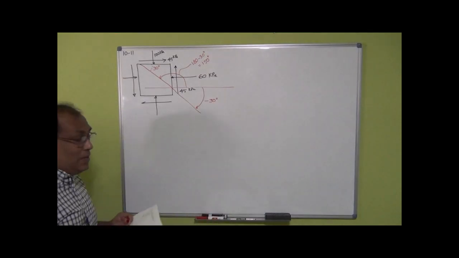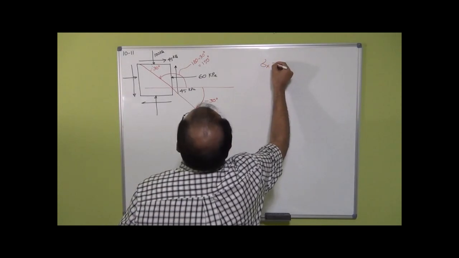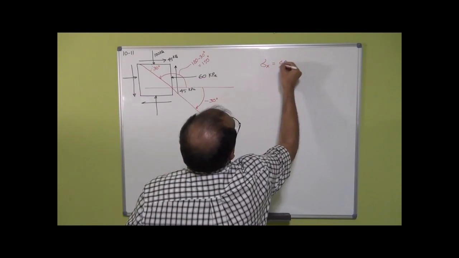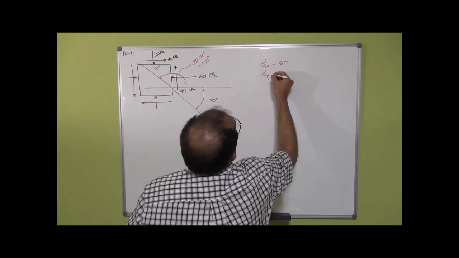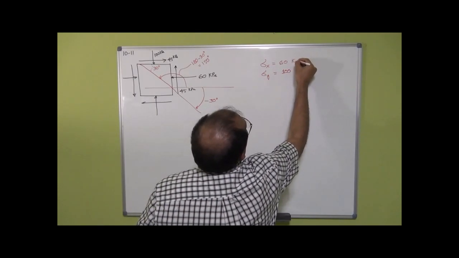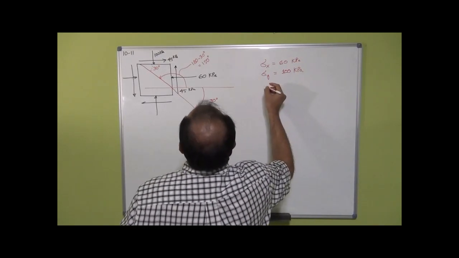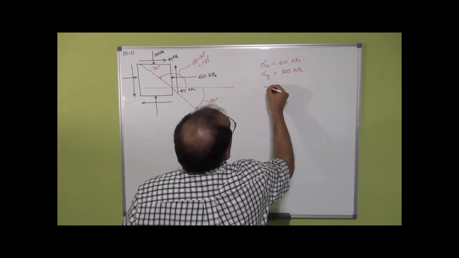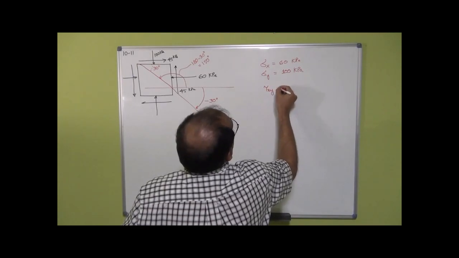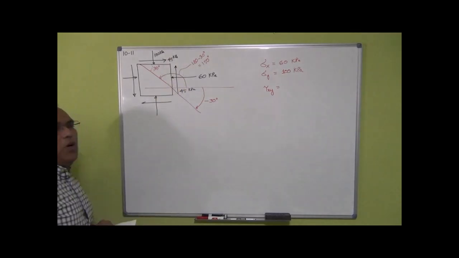Okay, so sigma x is 60, sigma y is 100, and tau xy, we know if the right side is upward, then it's positive.